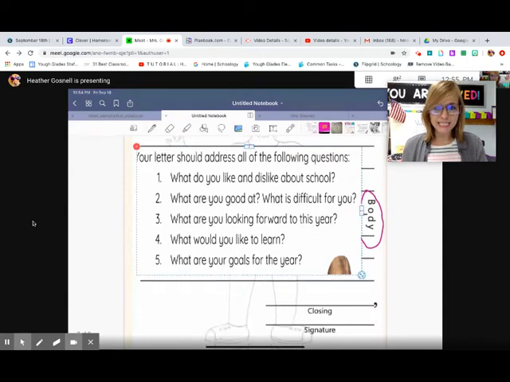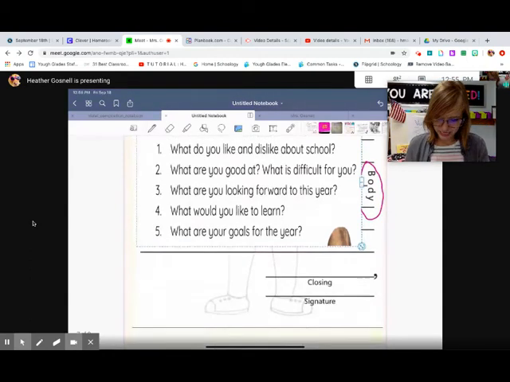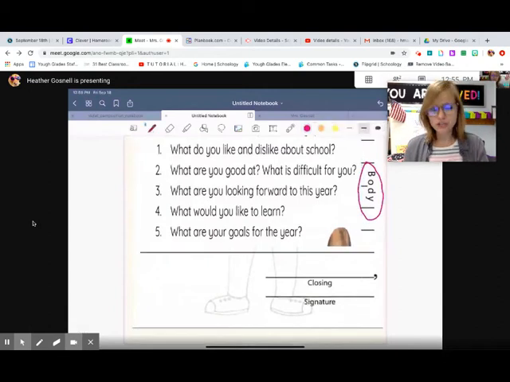Now, the next part of the letter is the closing. In the closing, you can write things like sincerely, or your friend, or love, or good luck. It's up to you, but no matter what you choose for your closing, you must start each of those words with an uppercase letter. I'm going to say your friend, because if I was writing a letter to myself, I'm friends with myself.